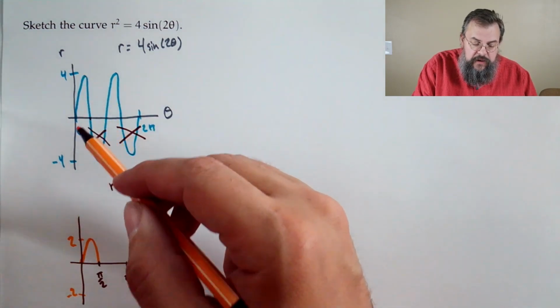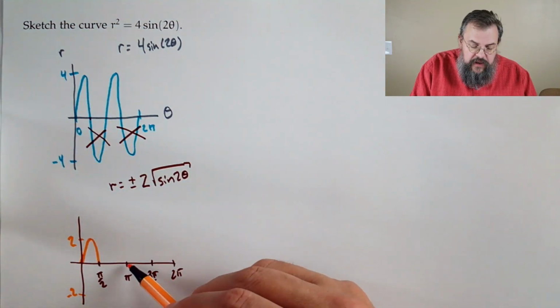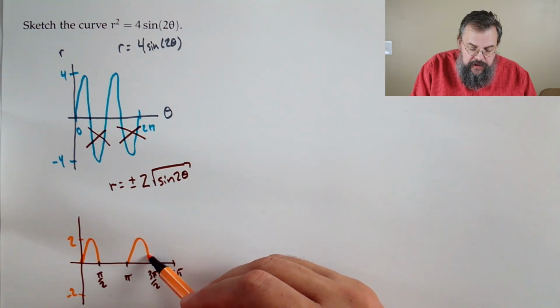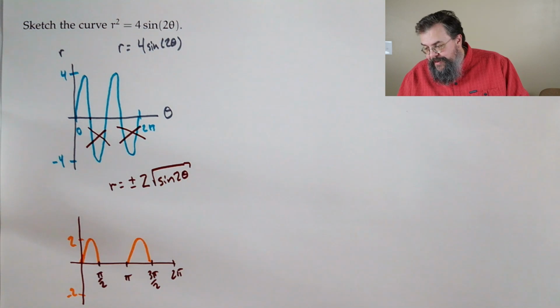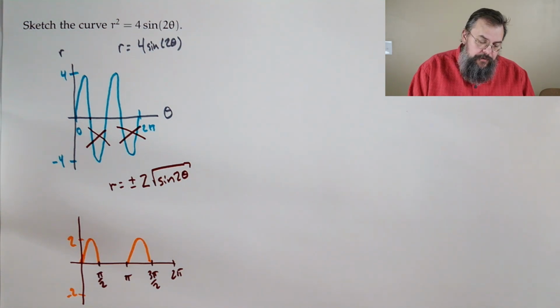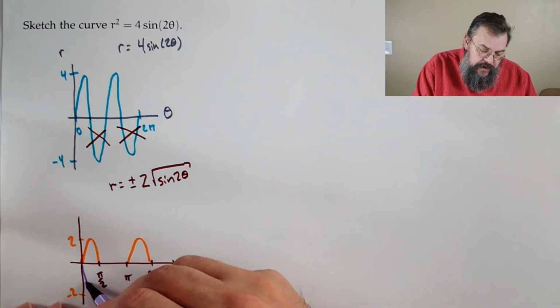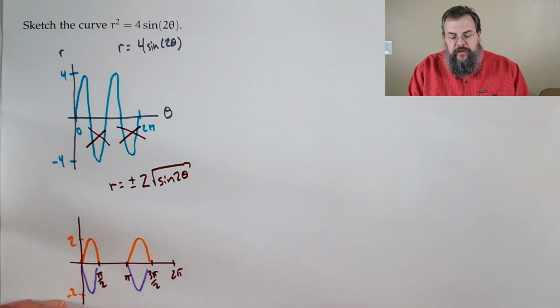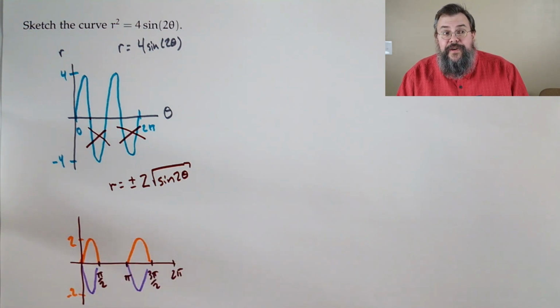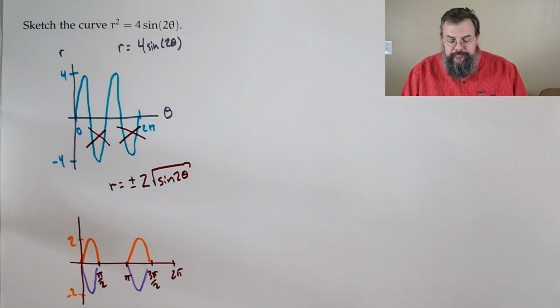So if you go up and down and we take the square root, you still go up and down. Or we could be the negative, which means we go down and up, down and up. So those are our 2 curves that we might have.